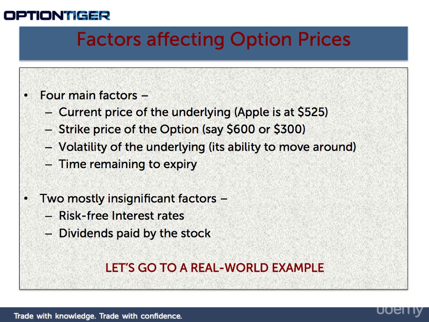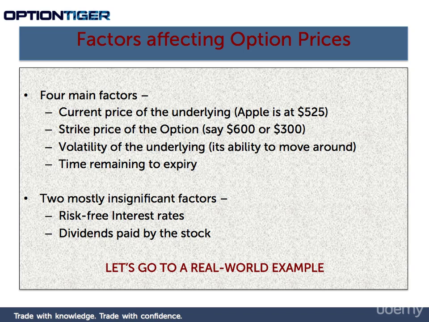Even in terms of the actual volatility numbers of these 2 stocks, IBM has a volatility of 15%, whereas Netflix has a volatility of 60%. So Netflix is 4 times more volatile than IBM. Apple is twice as volatile as IBM. So depending on the volatility of the stock, the price of the option will also be affected.